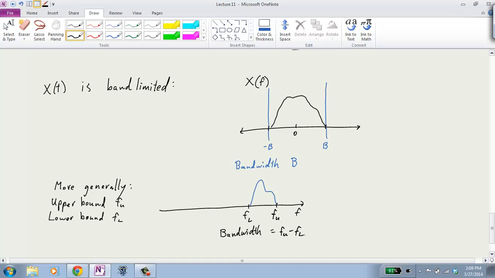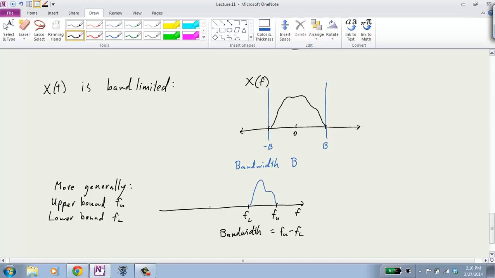But let me point out these pictures may seem kind of different, because here this width is actually twice B. It would often be helpful to call this whole thing 2B the bandwidth. But typically B is called the bandwidth, and here the upper frequency minus the lower would be called the bandwidth. Notice that even in this case, if your signal is real, then it's symmetric in frequency.